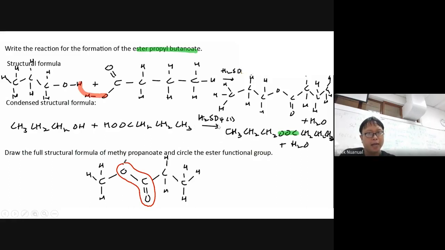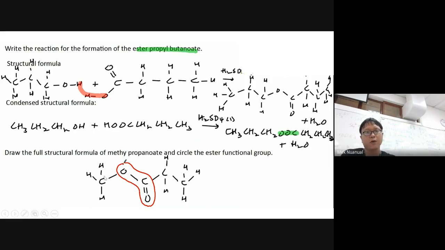Then arrow, concentrated sulfuric acid, and then here's the condensed formula of your ester: CH3, CH2, CH2, O, then the carbon with O again, and then another CH2, another CH2, and another CH3. And then water at the end, the other product.